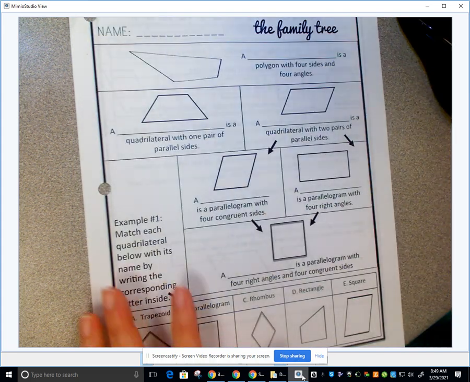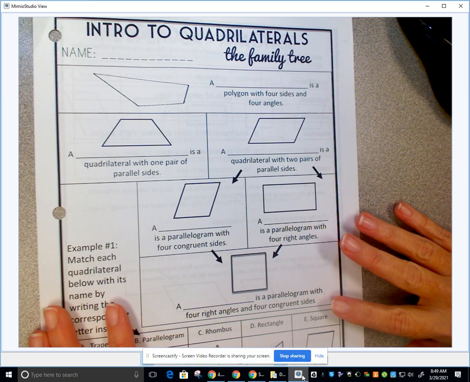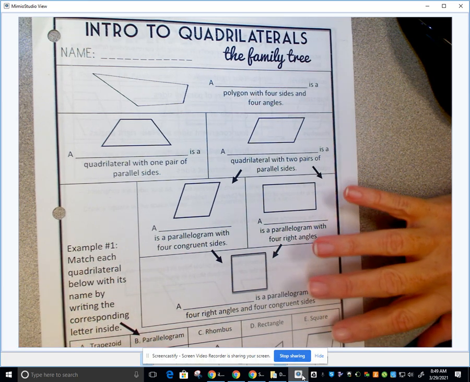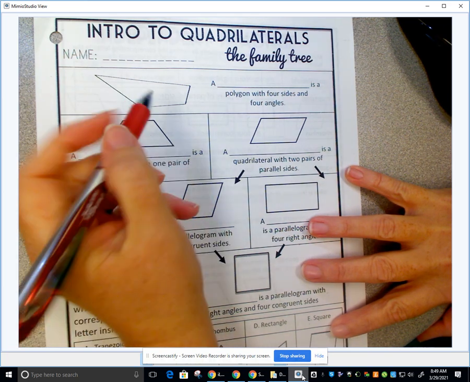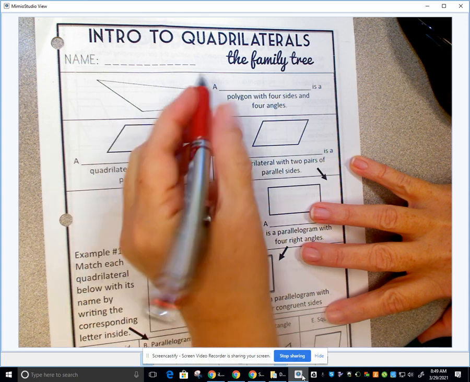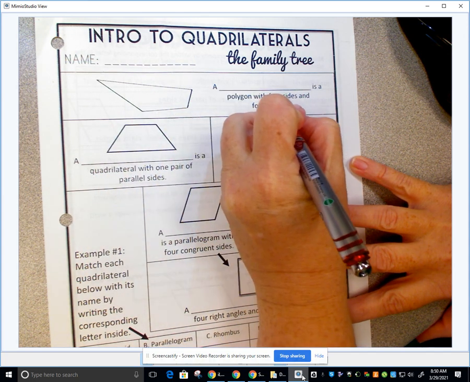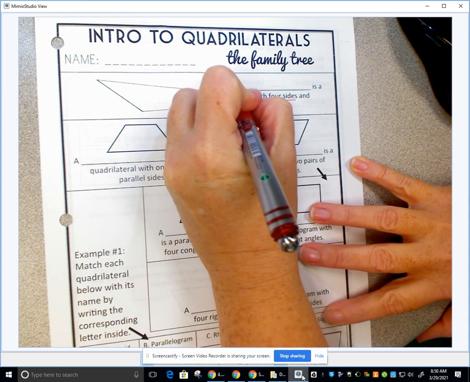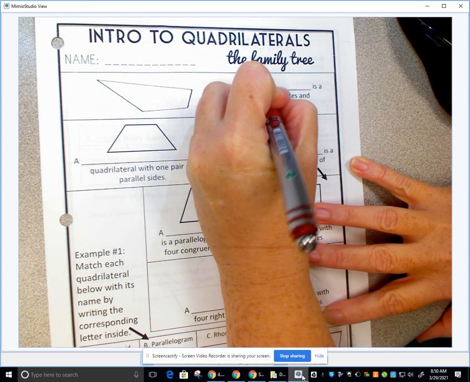Now let's look at this sheet. Hopefully you have this with you, and we're going to go through this quickly. Look at this first one. We're basically just starting off in the introduction. A blank is a polygon with four sides and four angles. That is simply a quadrilateral.